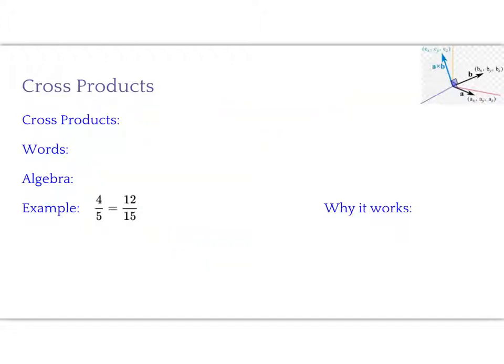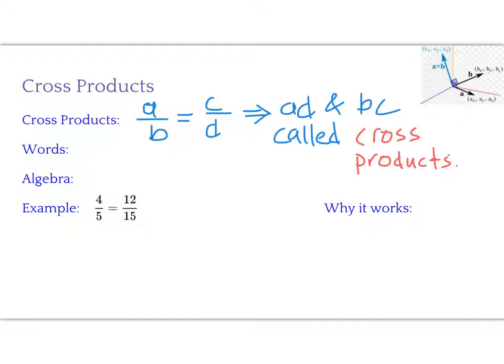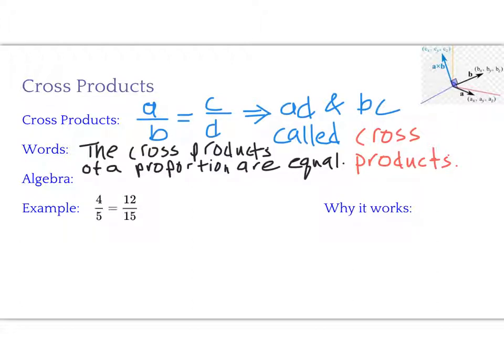Cross products. In the proportion a over b equals c over d, AD and BC are called cross products. In words, the cross products of a proportion are equal.